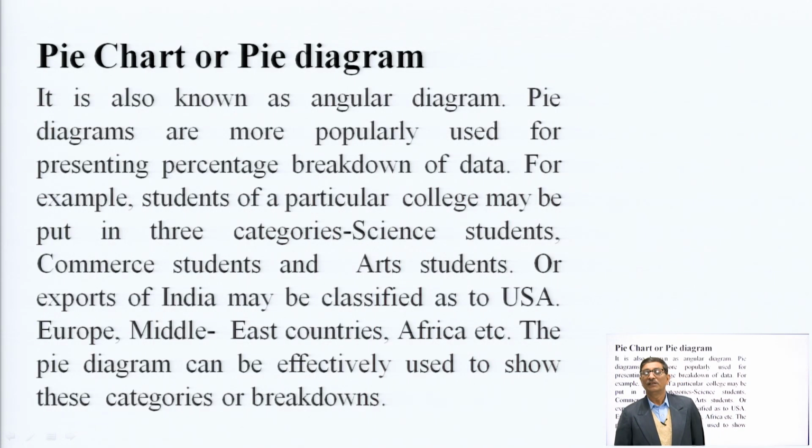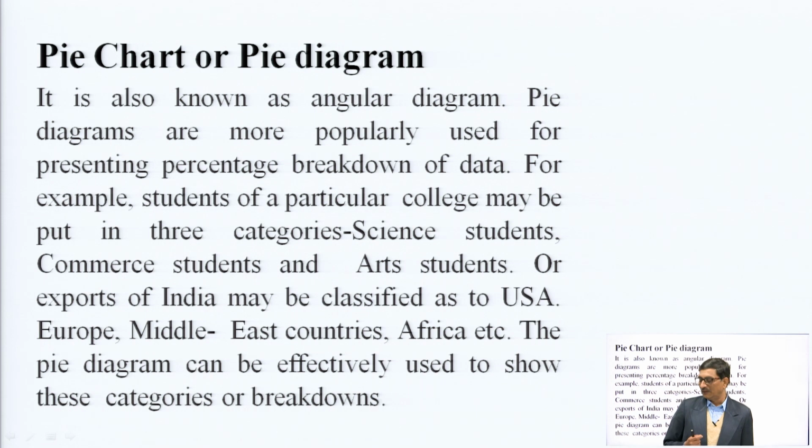Another term we will read in this lecture is pie chart or pie diagram. Pie chart or pie diagram is also known as angular diagram or circular diagram, and it is not a graphical representation of data. Pie diagrams are more properly used for presenting breaking down of data, and it is generally used for qualitative data.